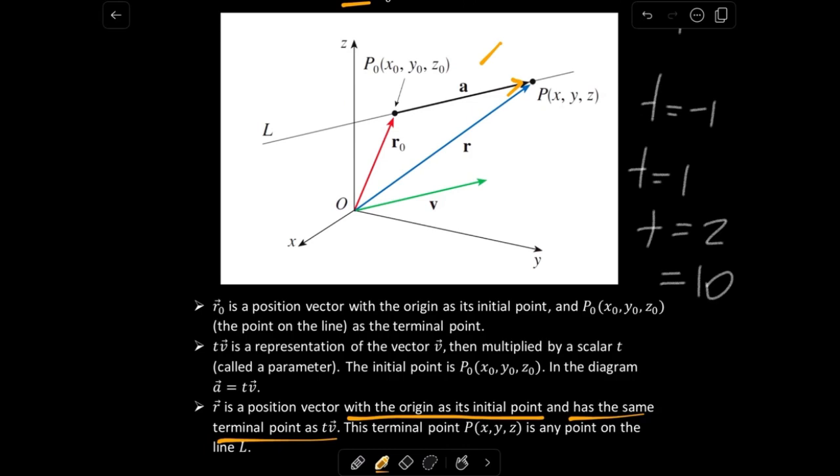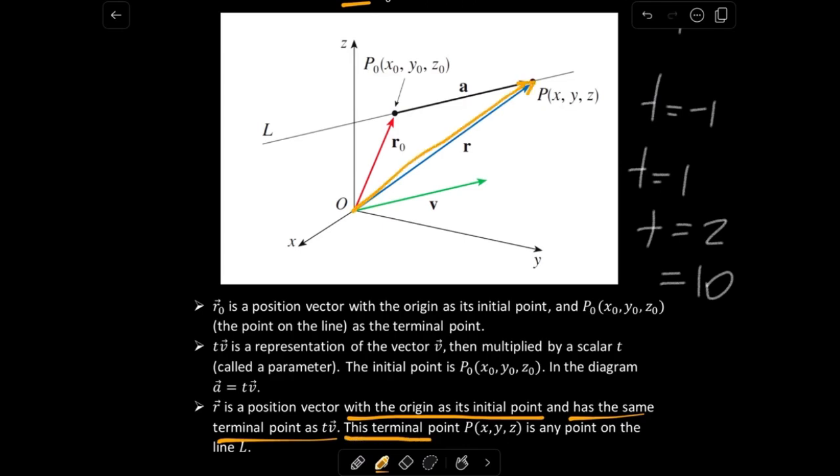Remember a was t multiplied by vector v. There it is, that black vector on the line. Here's vector r in blue, and it's going to have the same terminal point as this vector a, which is basically t multiplied by vector v. There's the terminal point. So there is vector r.